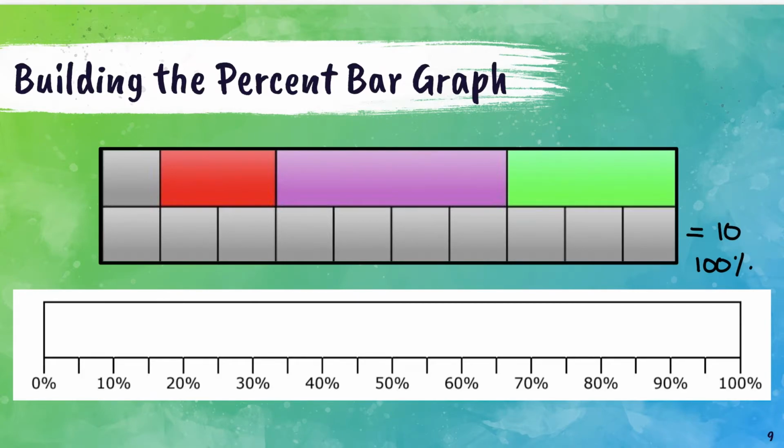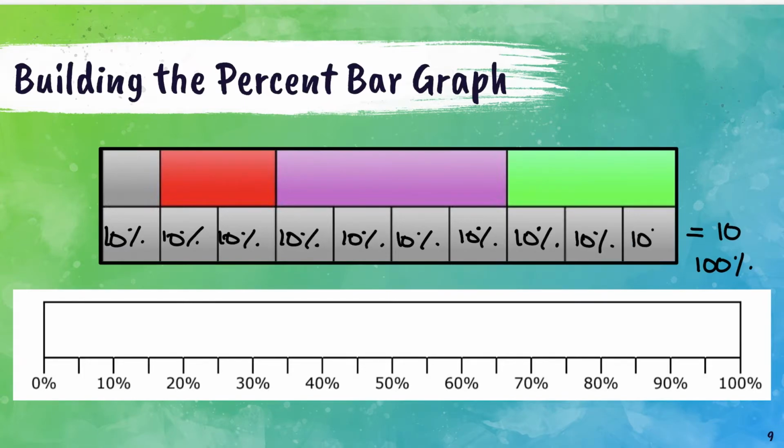So if it represented 100% of my entire collection, then each one of my tiles will be 10%. And if you're thinking, hey, this looks really familiar, it's because this is exactly the same kind of strategies that we've been using when we solve ratios and rates and problems with proportions.